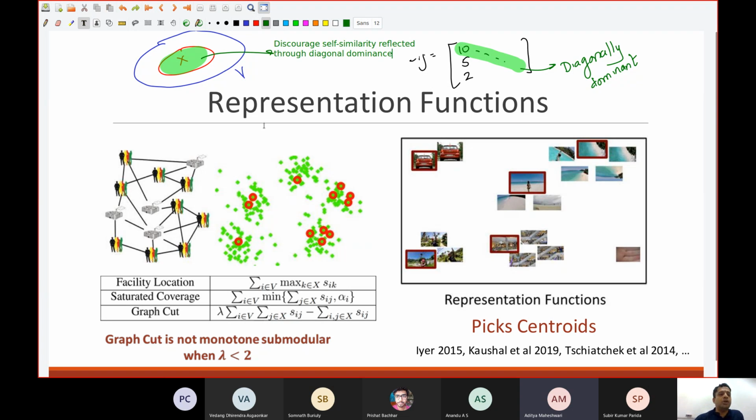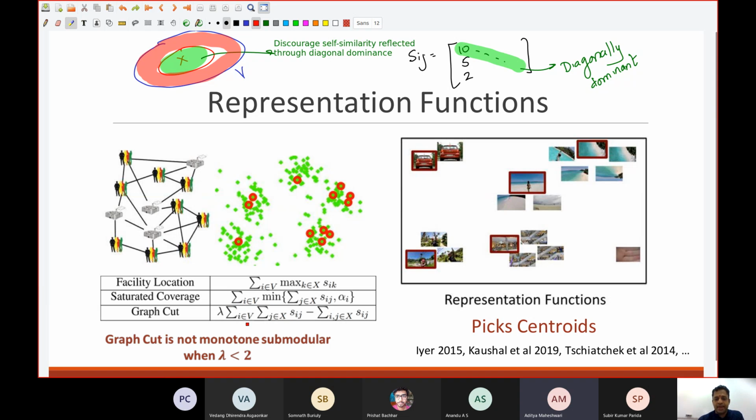Okay, so modulo that, what you're trying to do is maximize the similarity of points in X to the points in V. That part is being encouraged. So this entire similarity, how well is X representing V? That's this part.